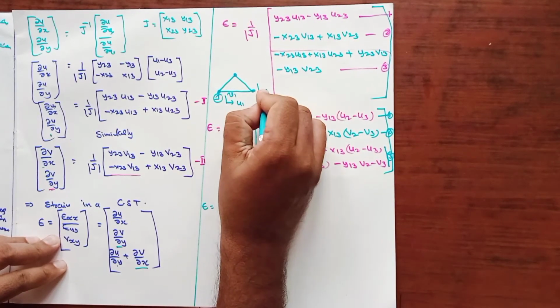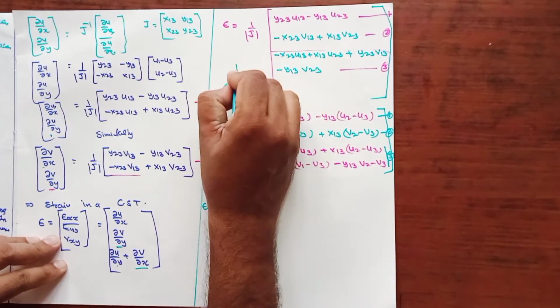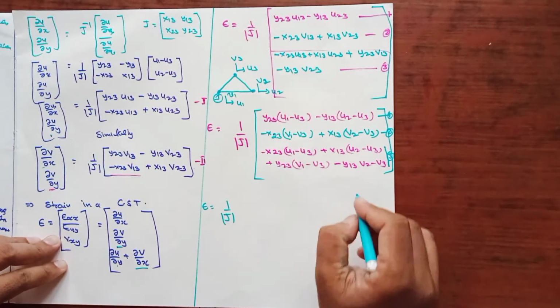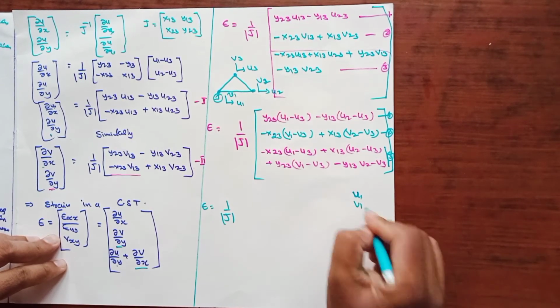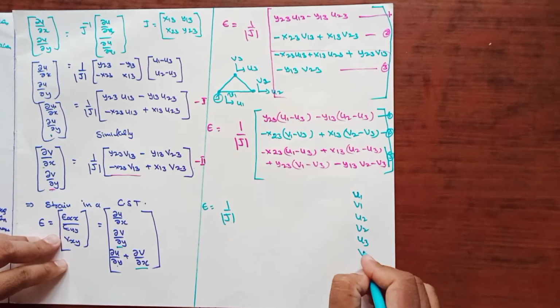Similarly, at node 2 it has u2 and v2, and at node 3 it has u3 and v3. So now it is possible to take u1, v1, u2, v2, and u3, v3 as a column matrix.